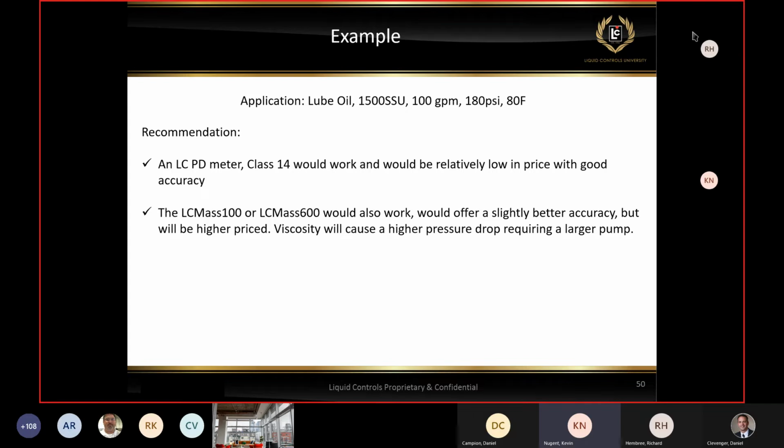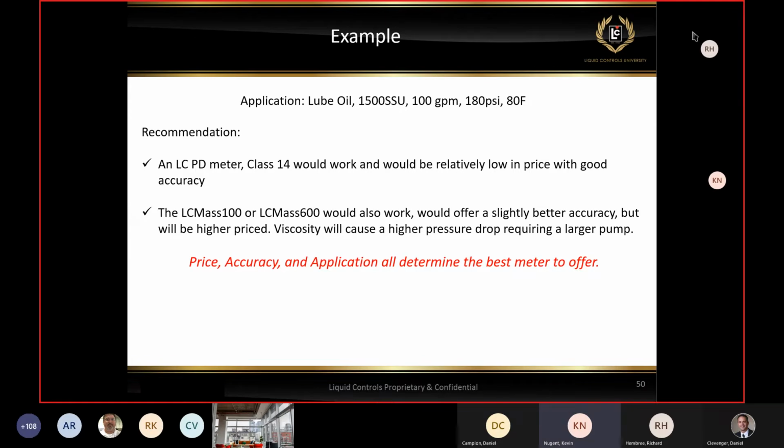The LC mass, though, since it's a straight through tube, would be a consideration because of a lower pressure drop. We have a sizing program that we could work along with you for these applications and provide a solution for when we look at the LC mass, which one might better fit.